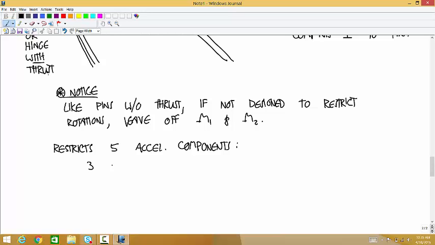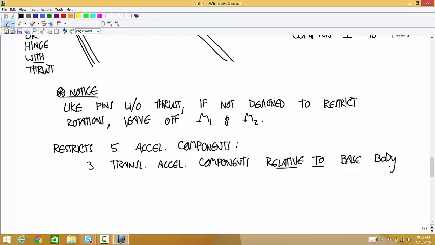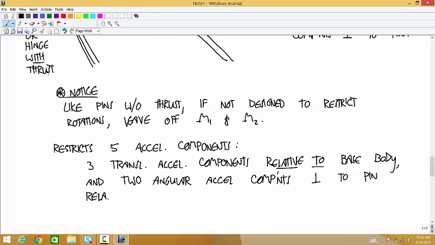That is 3 translational acceleration components relative to the base body, and 2 angular acceleration components perpendicular to the pin relative to the base body.